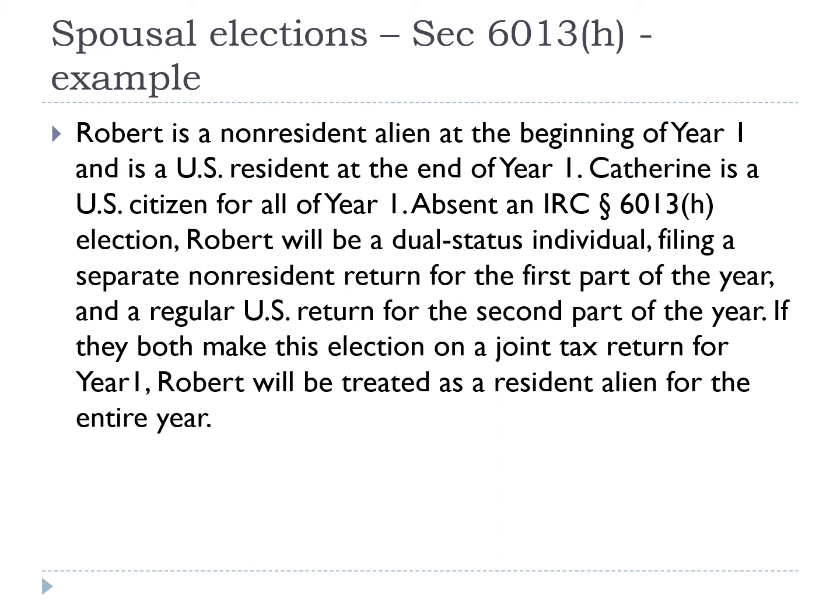Absent a 6013(h) election, Robert will be a dual status individual filing a separate non-resident return for the first part of the year and a regular U.S. return for the second part of the year. If they both make this election on a joint tax return for year 1, Robert will be treated as a resident alien for the entire year.